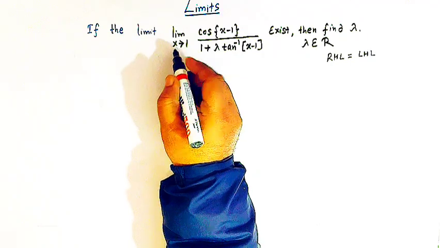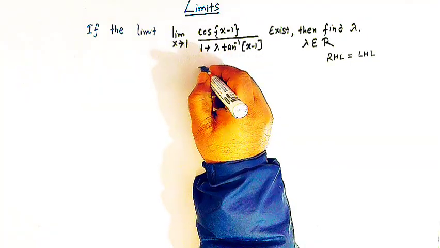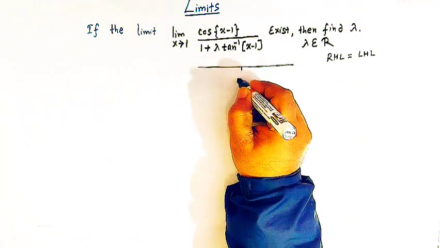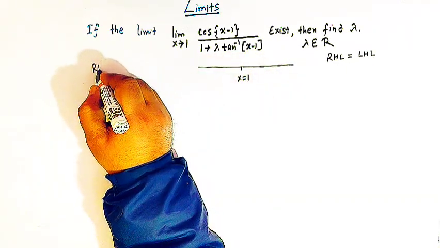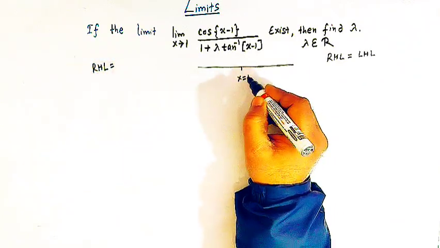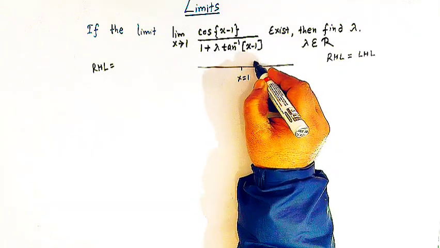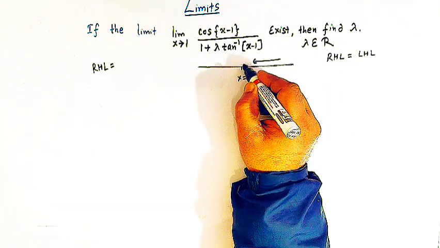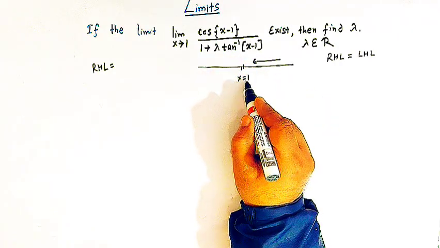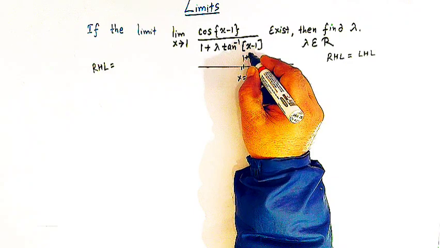So here we have x tends to 1. On the real number line, if we take x equal to 1 and calculate the right hand limit, then we approach x equal to 1 from the right and reach a point known as the right neighborhood of x equal to 1, that is 1 plus h.